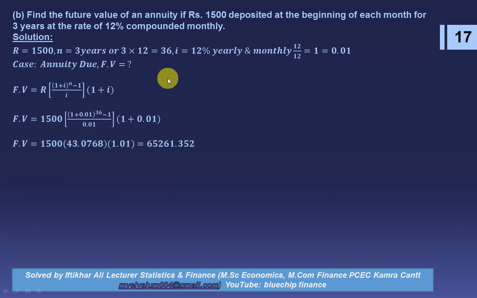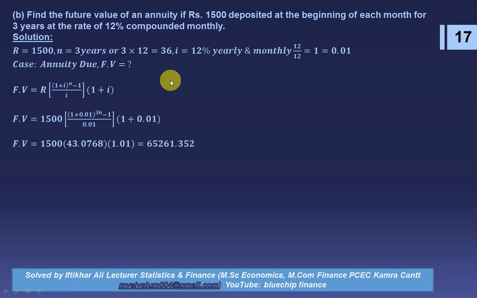So the payment R will be 1500 and N will be 3 years, but because it is monthly and there are 12 months in 1 year, total N will be 36. And if 12% is the annual interest rate, then the monthly interest rate will be 1%, so 0.01.